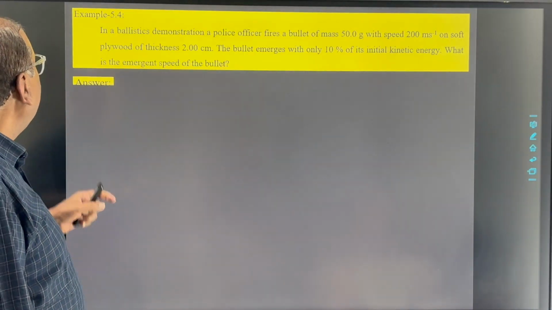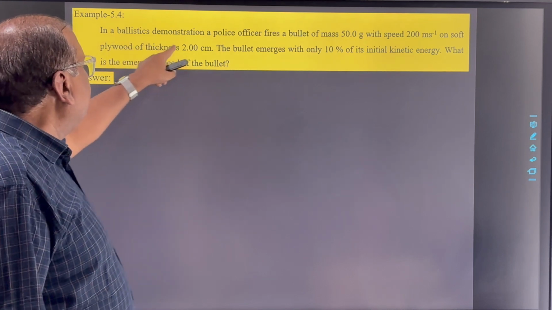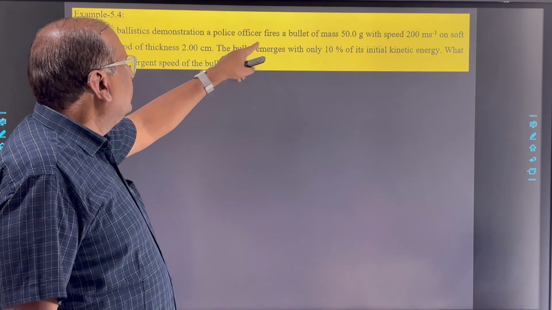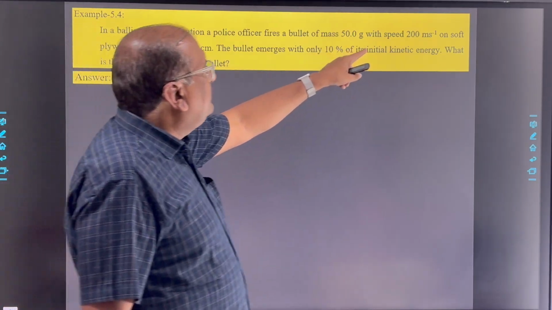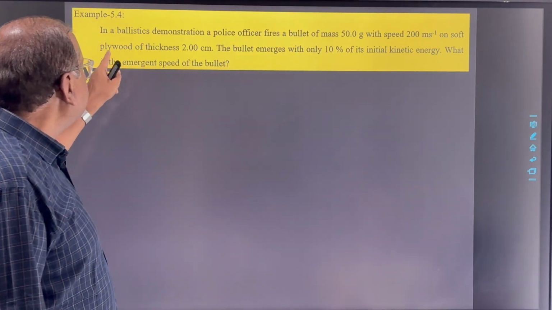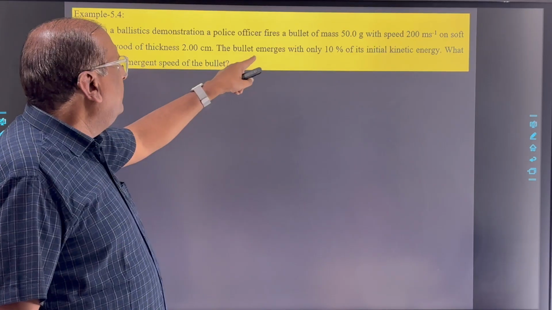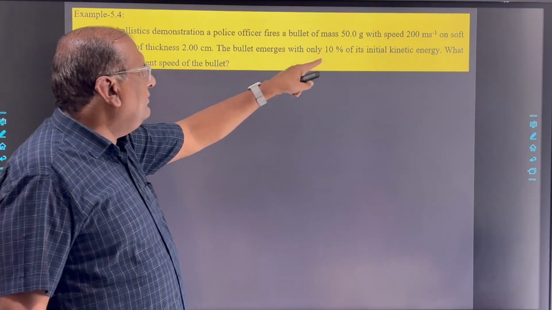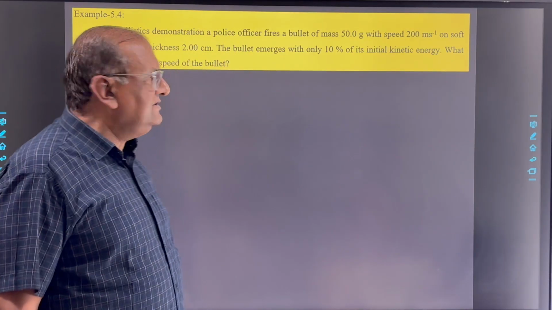Now example 5.4. In a ballistics demonstration, a police officer fires a bullet of mass 50 gram with a speed of 200 meter per second on soft plywood of thickness 2 centimeter. The bullet emerges with only 10% of its initial kinetic energy.